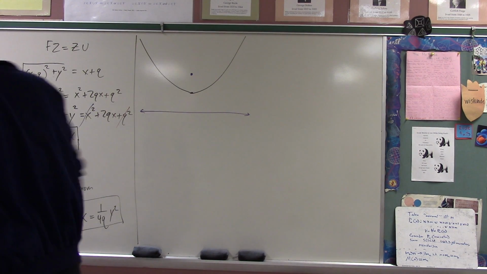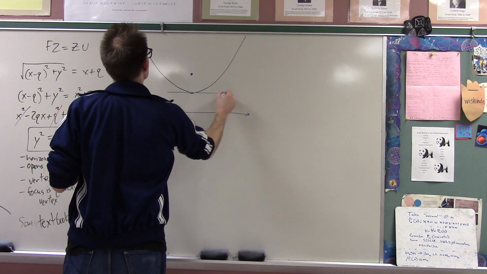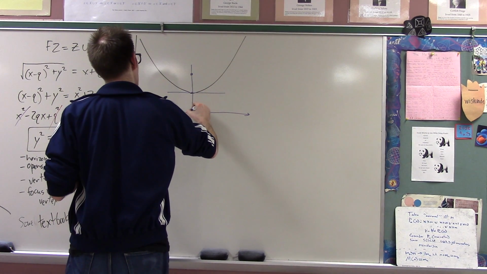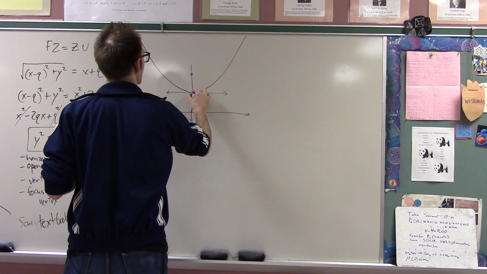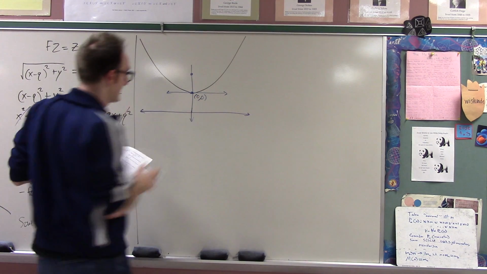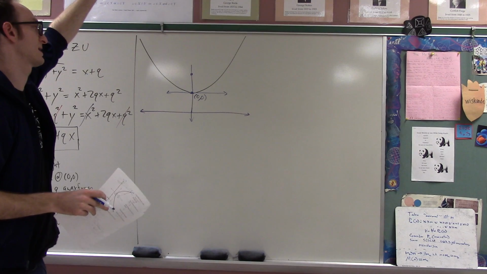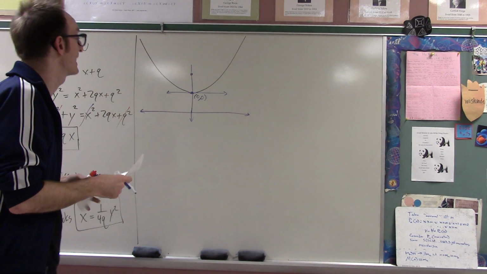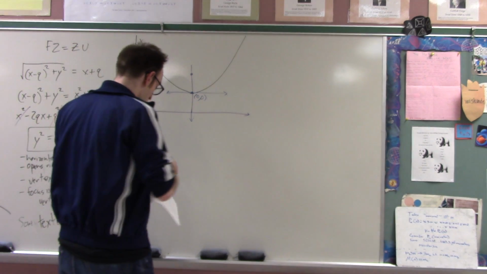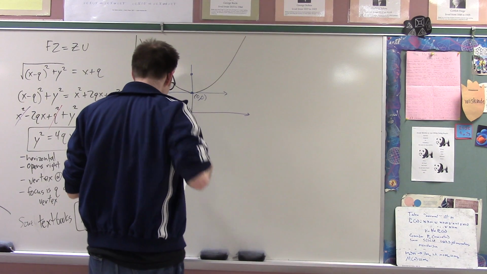Same as before, I will establish the coordinate system with the origin at the vertex, but now I've aligned it so that the axis of the parabola is vertical, along the y-axis. Okay, so that just changes everything slightly.